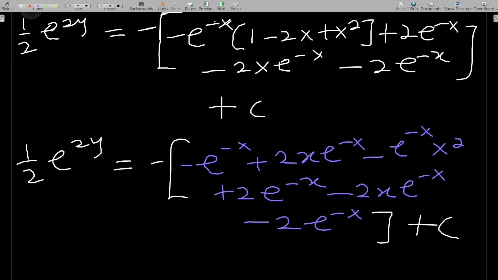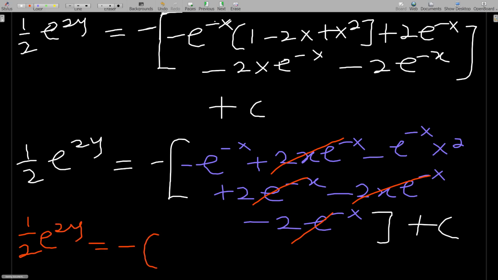Now realize that this will cancel this, and this will also cancel that. So I'll be left with half e to the 2y being equal to minus into minus e to the negative x minus e to the negative x x squared.